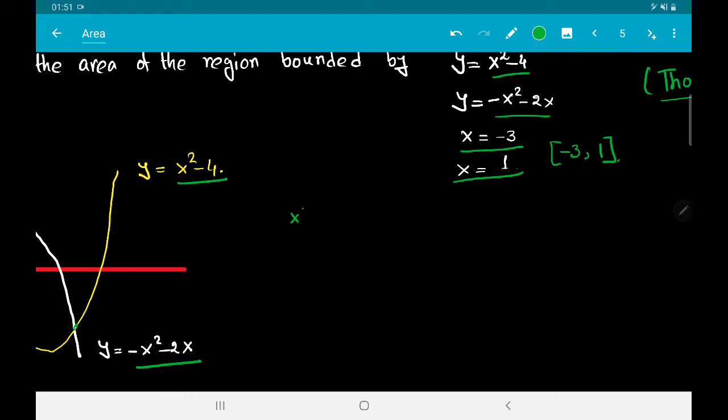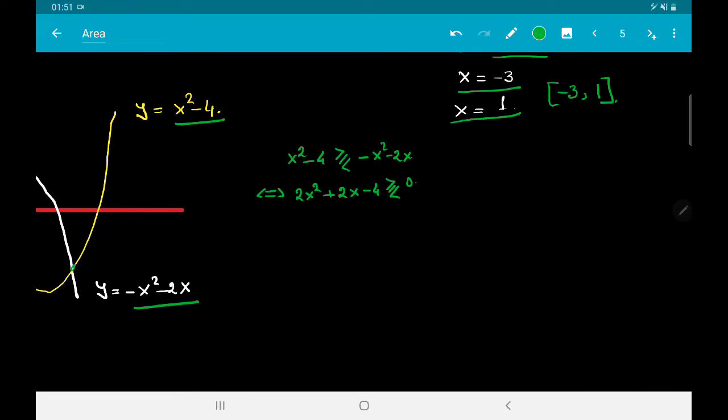So x square minus 4 is bigger than, equal to, or less than minus x square minus 2x. We will just preserve the sign. So here we will get 2x square plus 2x minus 4 having the same relationship with 0, and then we can divide the whole inequality by 2.